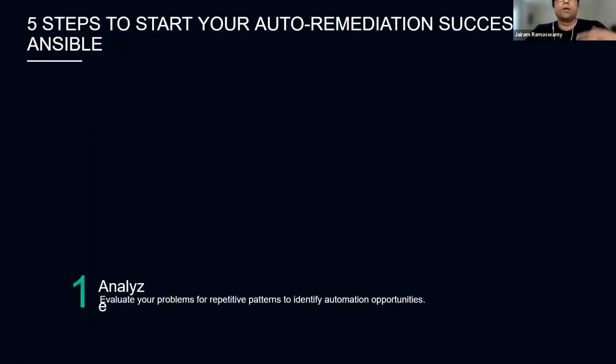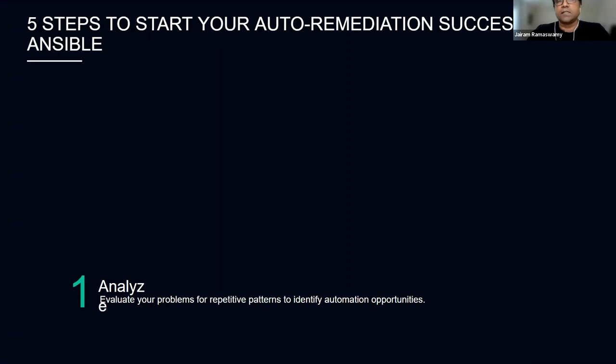So to just sum it all up, right? What do you do to start your auto remediation journey if you haven't already? Evaluate your problems, so repetitive patterns, to find automation tools. There are customers who establish an automation center of excellence so that they can bring in all these different teams. Operations is huge: network, database, any sort of infrastructure teams, like server teams, all coming together to figure out a remediation.